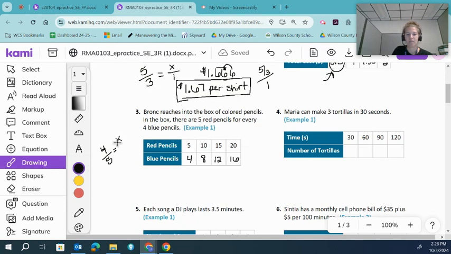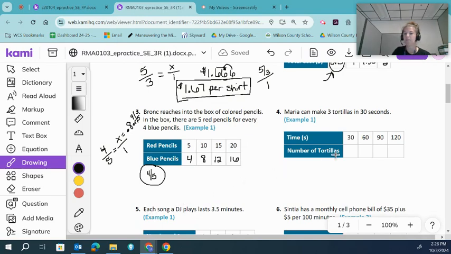Okay, again, we are going to divide 4 divided by 5, and that is going to give you a decimal of 0.8 or a fraction of 4/5.